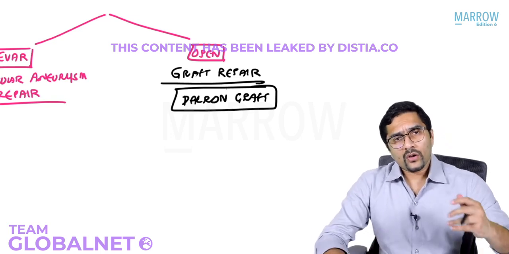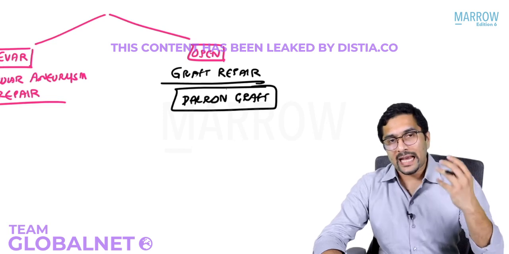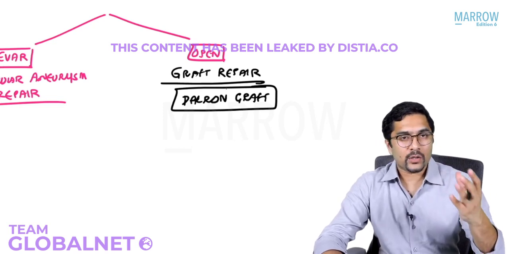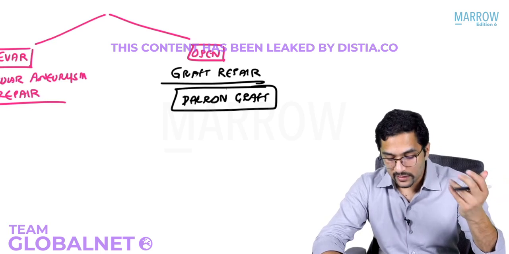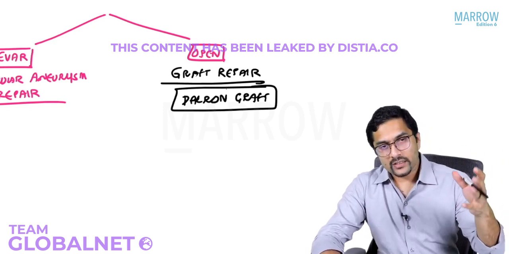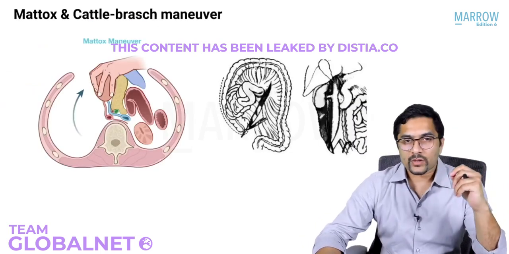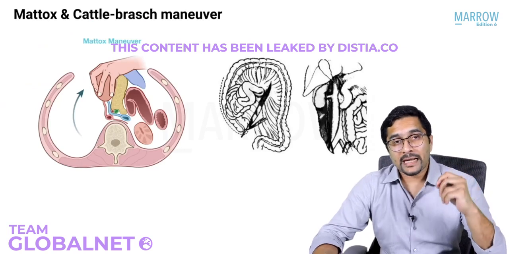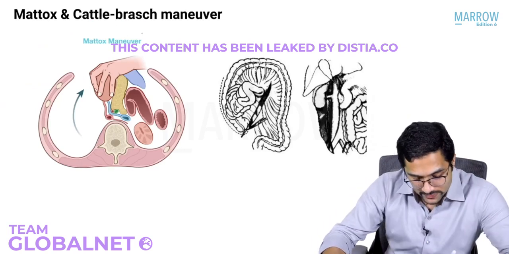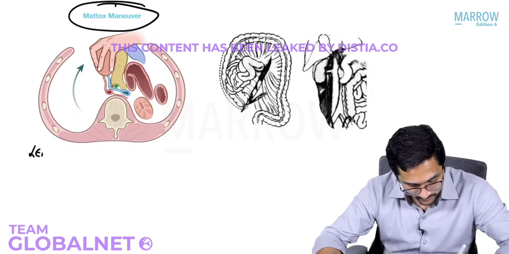To access the aorta, I first have to carry out certain maneuvers, and then only I can do this grafting. So, we know that the aorta is slightly on the left-hand side, right? Slightly on the left side in the retroperitoneum. So to expose the aorta, we have to carry out a Mattox procedure. Now, what is a Mattox maneuver or Mattox procedure? Mattox procedure is left medial visceral rotation.